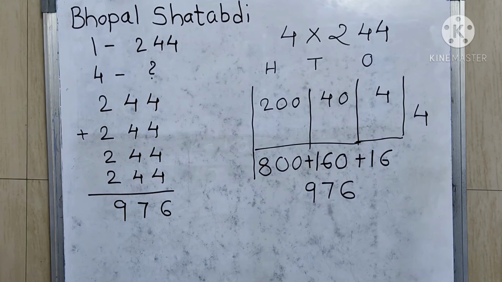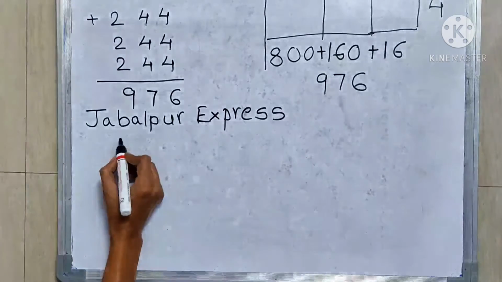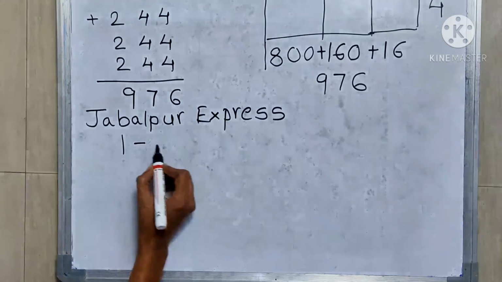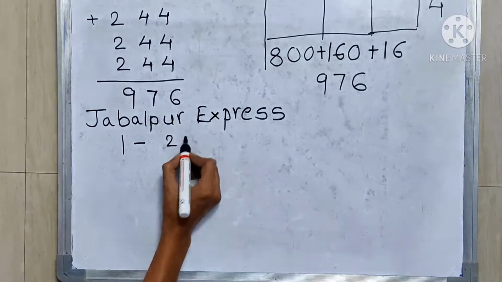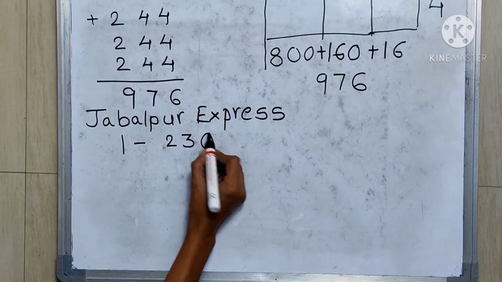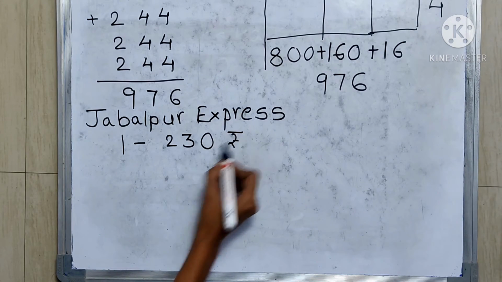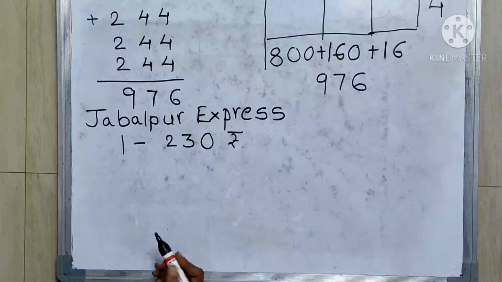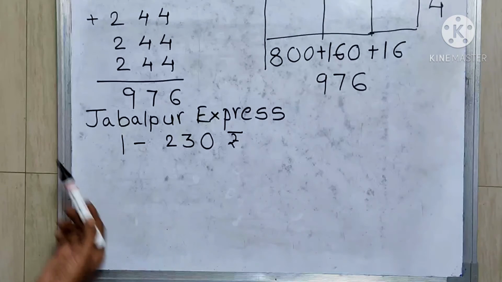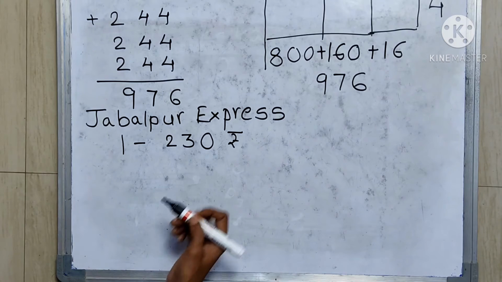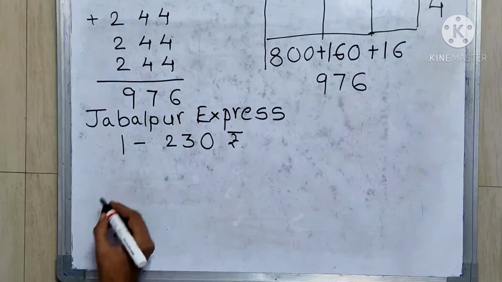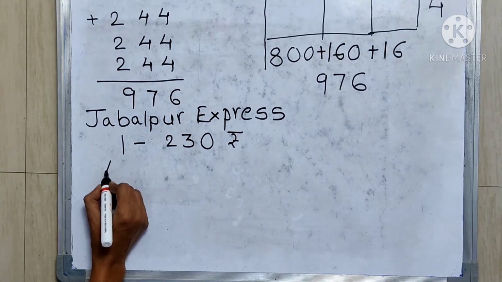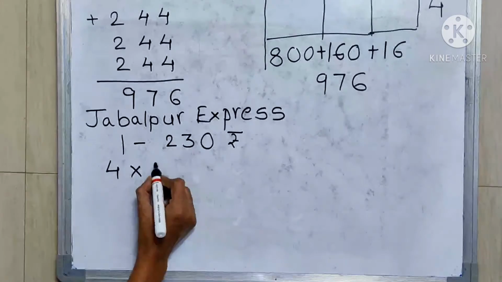We will find out the cost of Jabalpur Express. For one ticket, the ticket cost is 230 rupees and we have to find out for 4 persons. So children, here also you can use the repeated addition method. I am using the box multiplication, means 4 multiplied by 230.